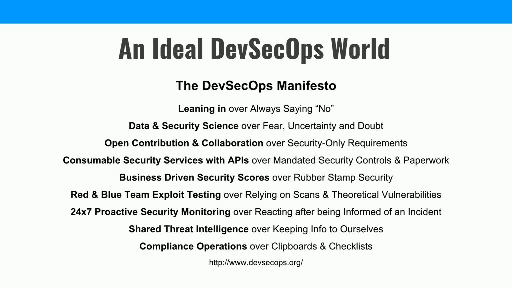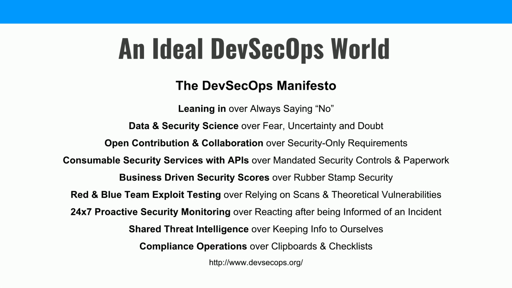So in an ideal DevSecOps world, and this is taken from the DevSecOps manifesto at devsecops.org, you should check that out sometime. Similar to the Agile manifesto, I think that's kind of where we got the idea, but I'm not going to go through each and every one of these. In general, you can see some of the ideas here and principles: leaning in, data security, and science over fear, uncertainty, and doubt.